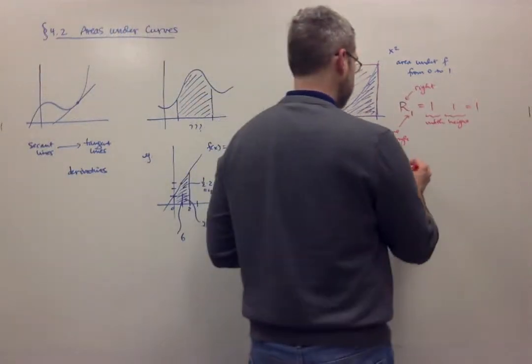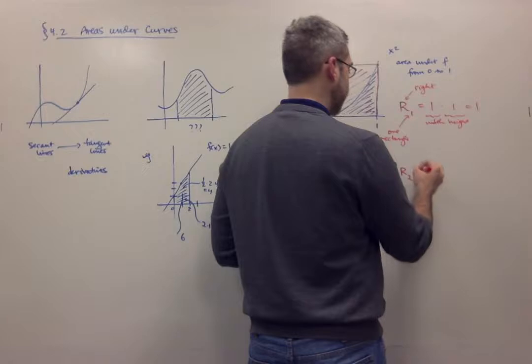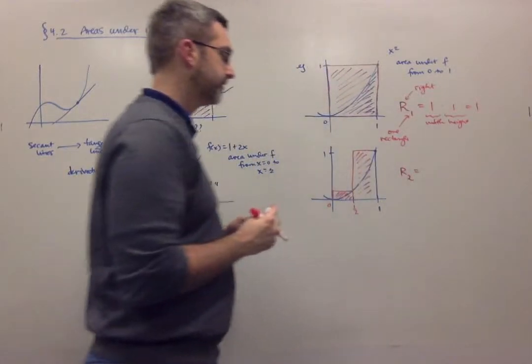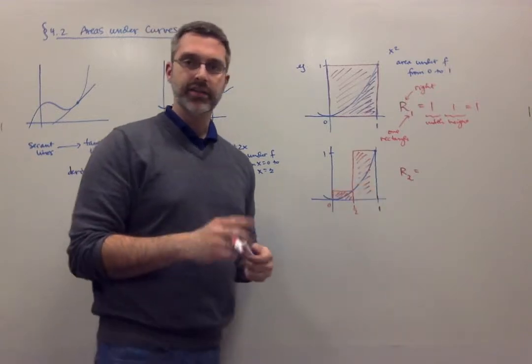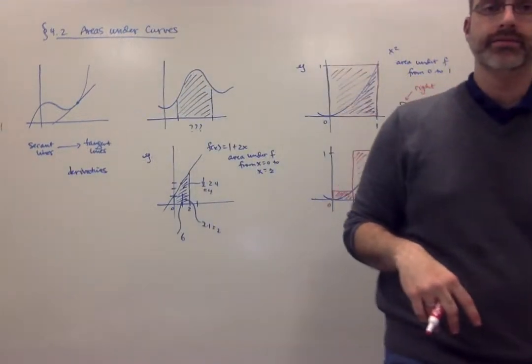Now I'm using right sides with two rectangles, so I'm going to call that R2. To get that total area, I need to add up the areas of the two rectangles.